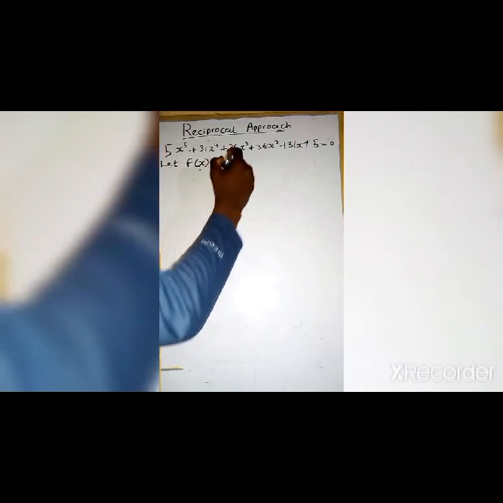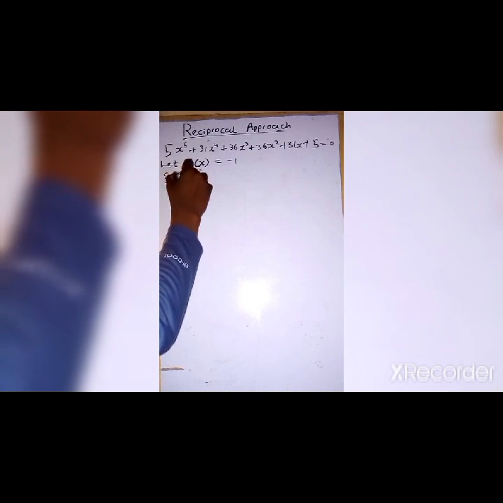Using the factor theorem. So now we let our f of x, let's say when we try x to be 1, if we input it and if it is equal to 0, then that means x equals 1 is a factor. But if it is not equal to 0, that means it is not a factor. So now let our x equal to minus 1.